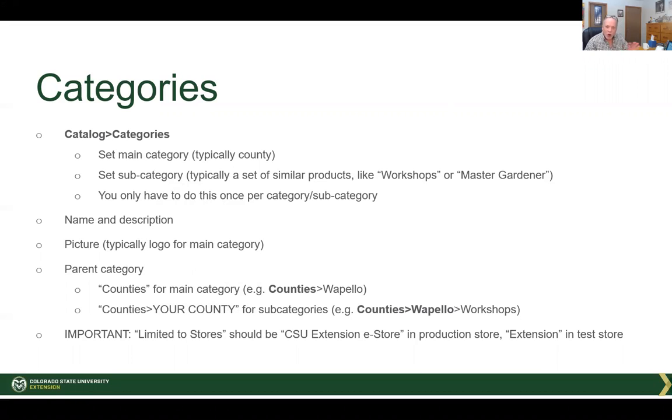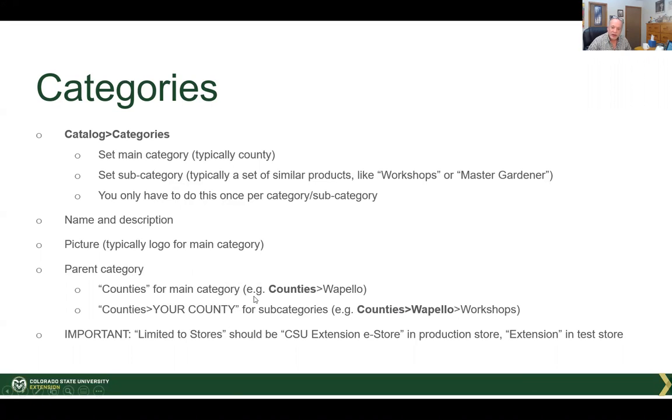Now, I'm not going to go through all the permutations here, but primarily what you need to worry about is the name and the description. The picture is typically going to be a logo for your main category. And then you're going to set your parent category. For your main category, which generally is going to be your county, your parent category is merely counties. We're going to be using Wapello, as it's a fictional county that I use for test sessions.